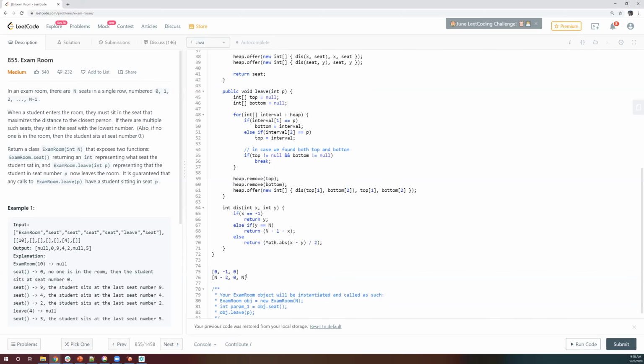So this will again get split into one interval from n minus 1 to n, and one interval from 0 to n minus 1. Correct? Right.